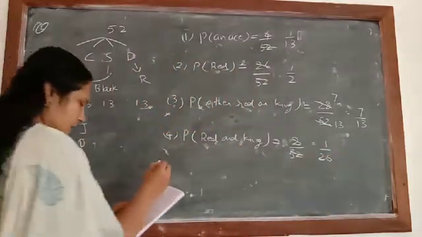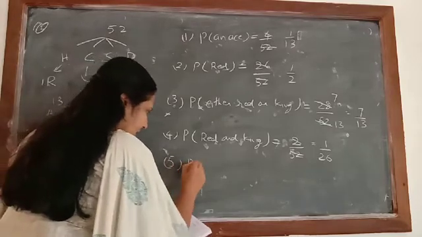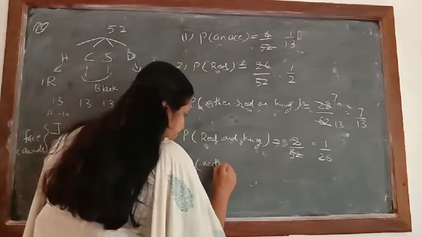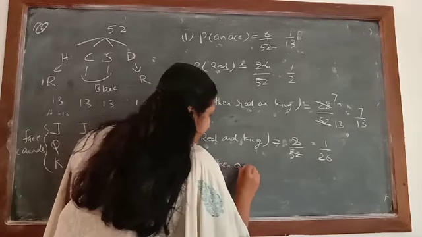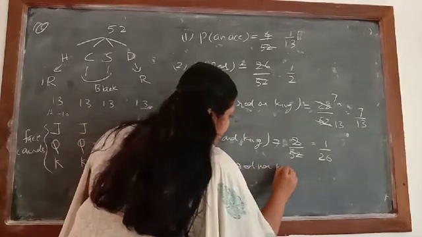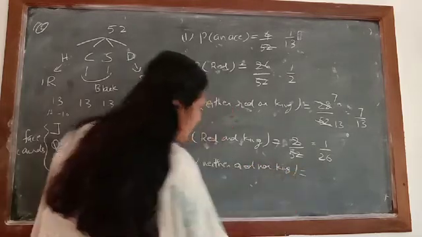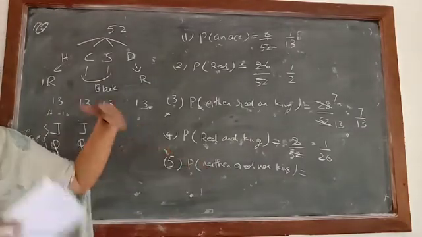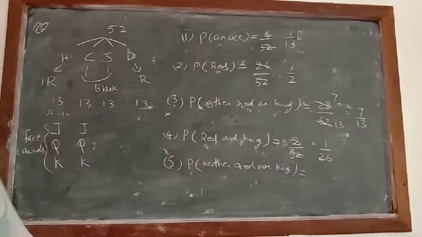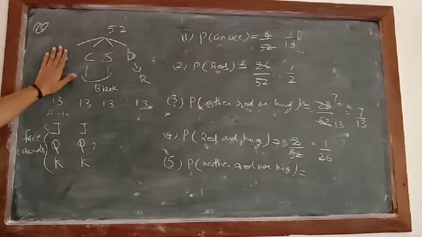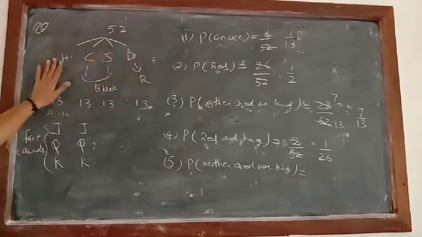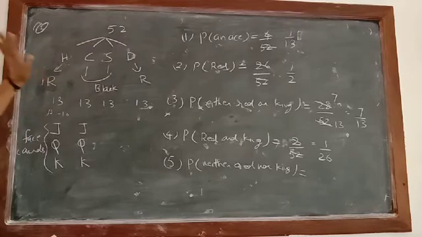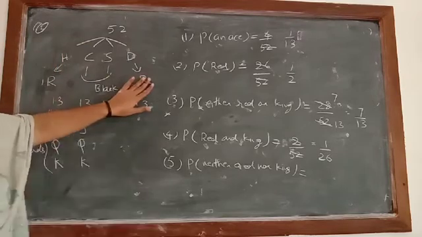Then next condition is neither a red card nor a king. Neither red nor king means what? We don't want red color card and we don't want king also. So we don't want red color card means out of 52 these 26 cards we don't want. So 26 removed. Correct?